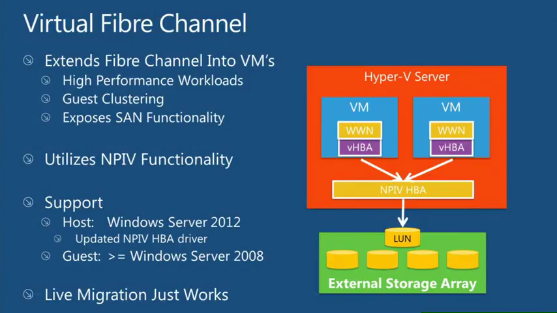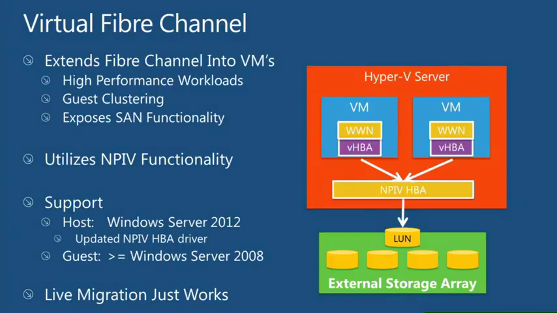For this to be supported, you obviously need a Windows Server 2012 system, but you also need an NPIV-capable HBA. Please contact your HBA vendors to see what particular systems support NPIV. And the guest support goes as far back as 2008. Anything prior to that, we didn't feel was a necessary investment.